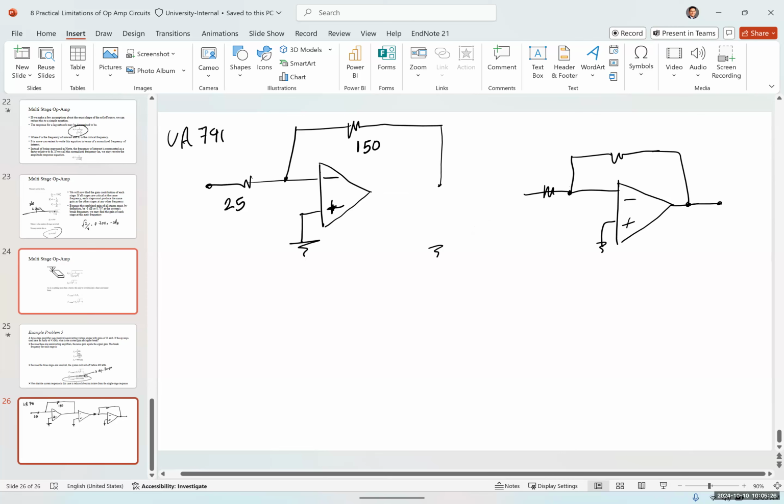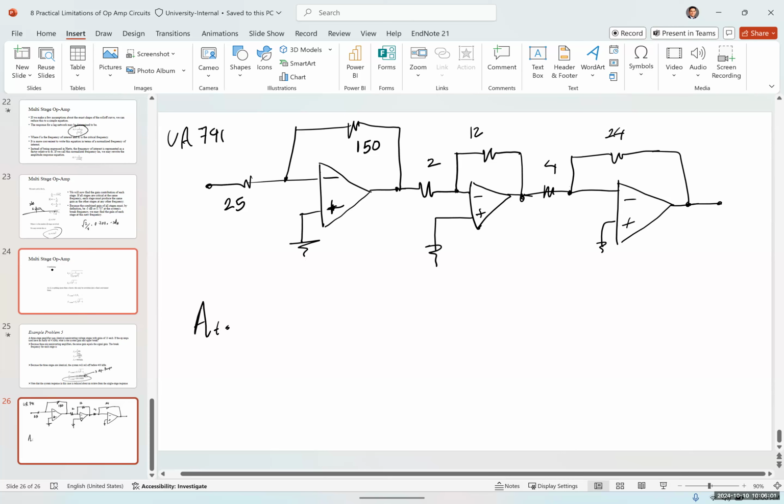Just give me a second to fix it. This is 12, this is 2. This is 24, this is 4.